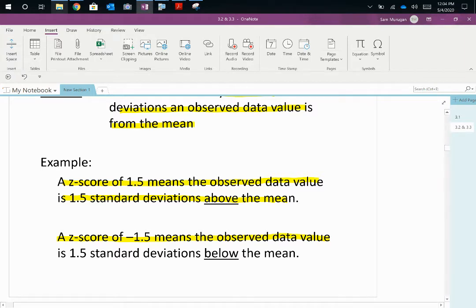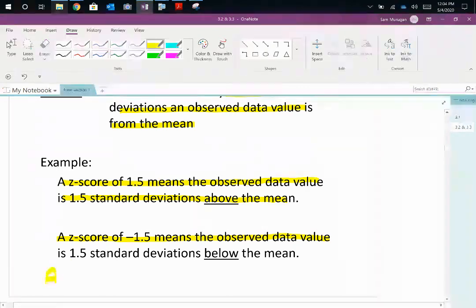So by default, a z-score of 0 would mean what? Think about that for a second. What would that mean if the z-score was 0?